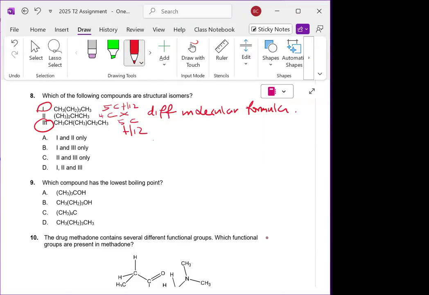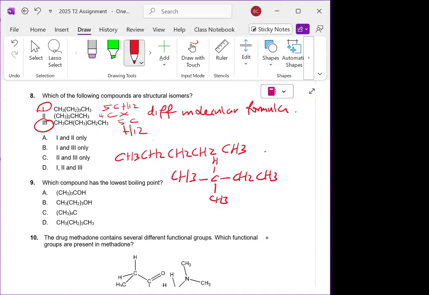So how will the structures be? The first one will be CH3, CH2, CH2, CH2, CH3. The second one will be CH3, C with an H and a branch CH3, then a CH2, CH3. So there is a branching in the isomer.